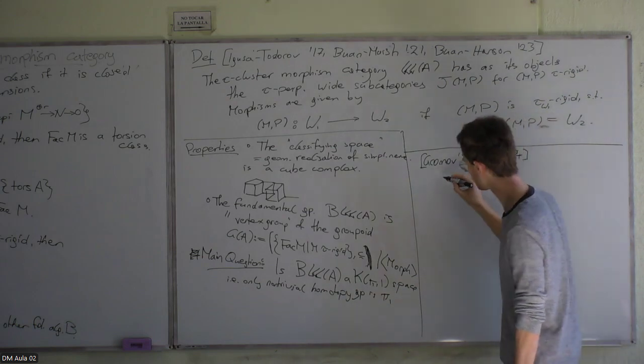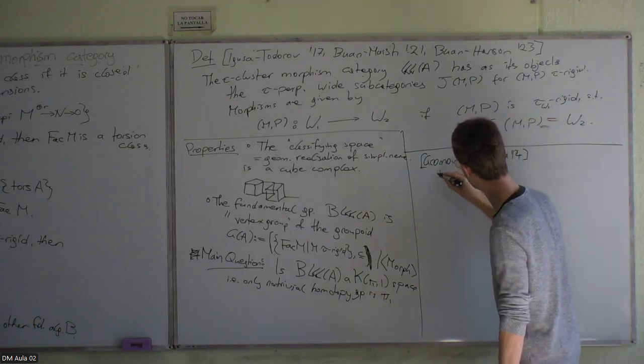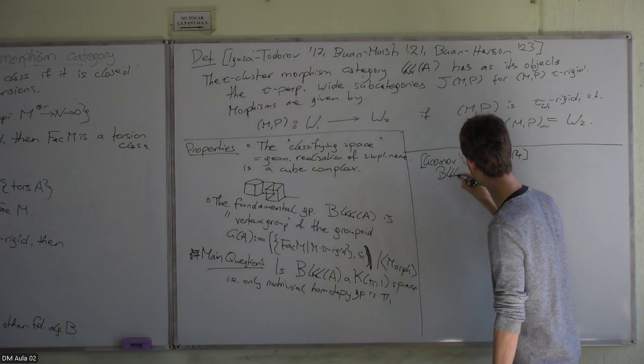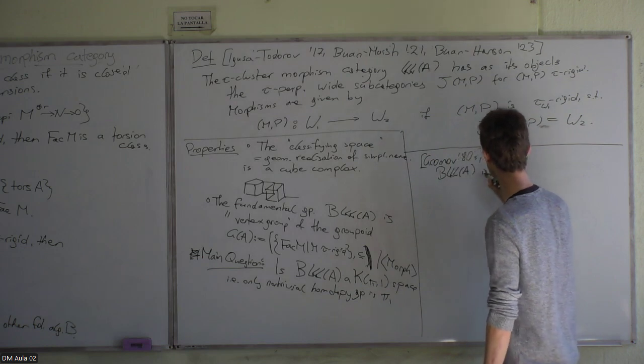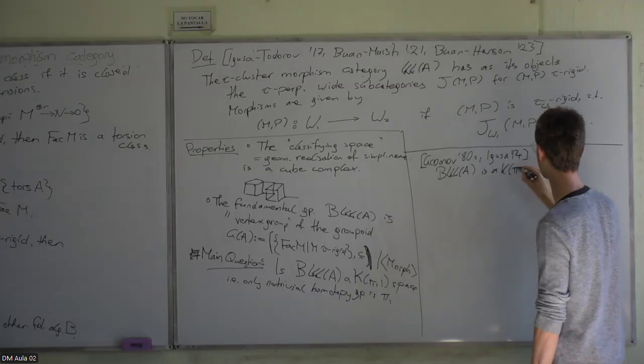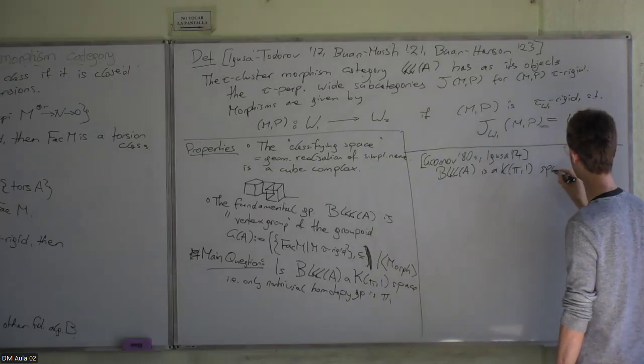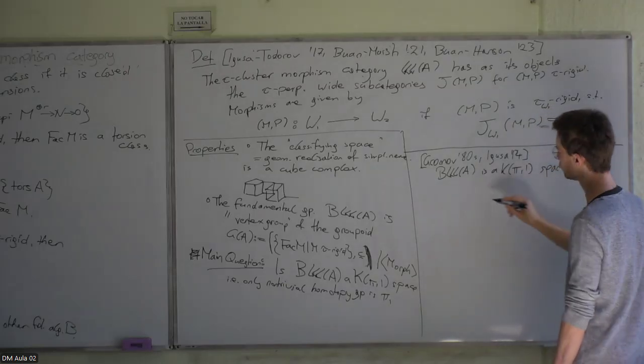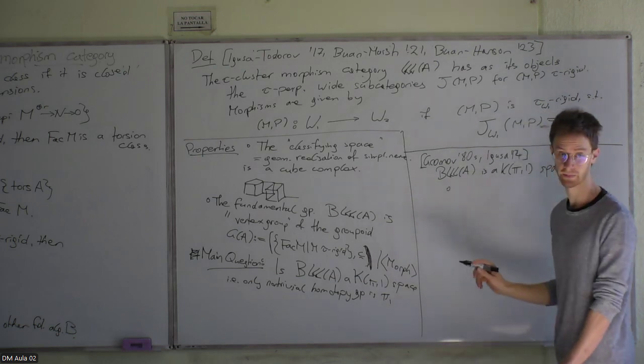It says that this classifying space is a K(pi,1) space if the two following sufficient conditions are satisfied.